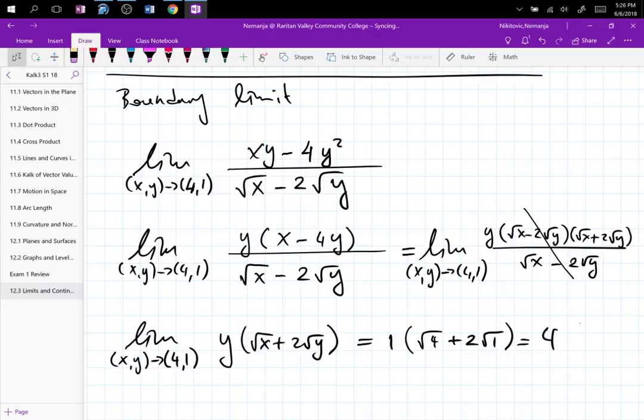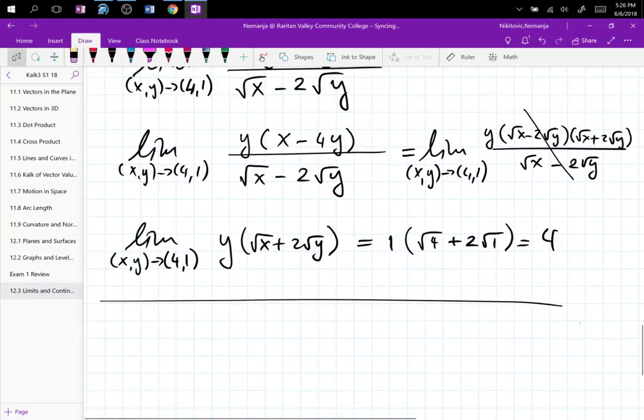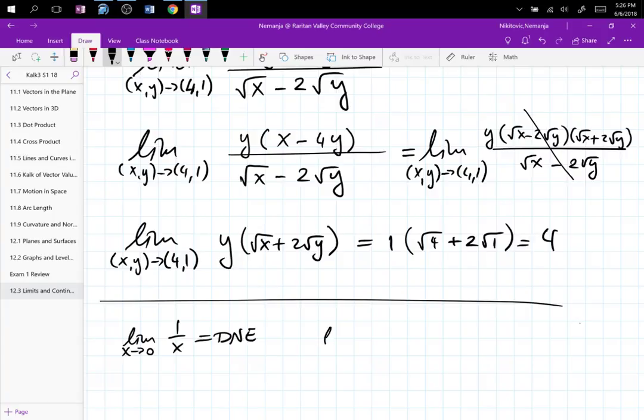So let me give you, just from Calculus 1, 2 or 3, examples to make this clear. The limit as x goes to 0 of 1 over x does not exist, because for the left and right limits, one goes to negative infinity and one goes to positive infinity. The limit as x goes to 0 of 1 over x squared is positive infinity, because both the left and right limits go to positive infinity.